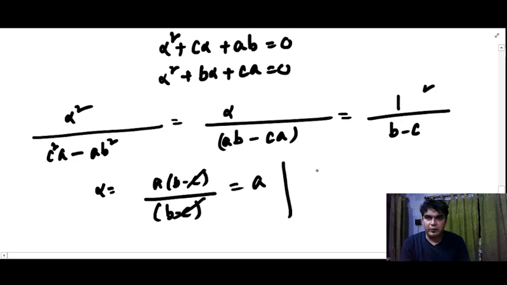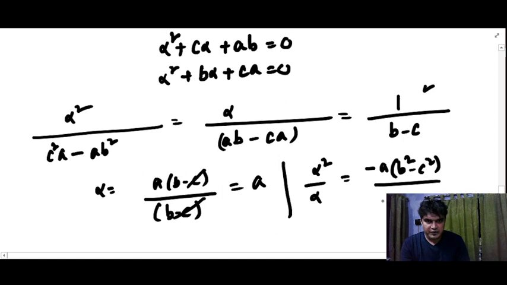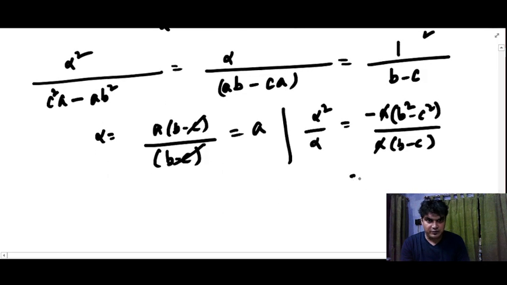Again, another thing we can do, that is alpha square by alpha, that is equals to minus a. If I take common from the numerator, it will be b square minus c square by, if I take a common, b minus c. So a gets cancelled. If I cancel b minus c from there, b square minus c square gets factorized as b plus c, b minus c.